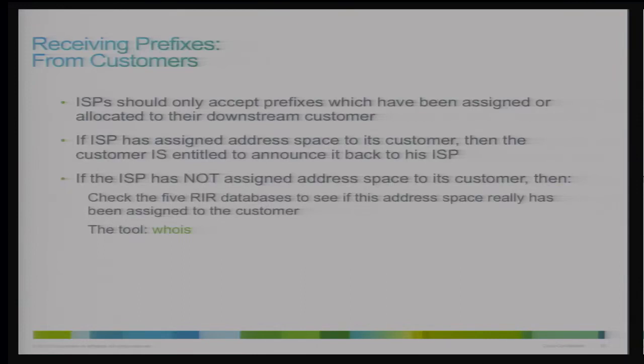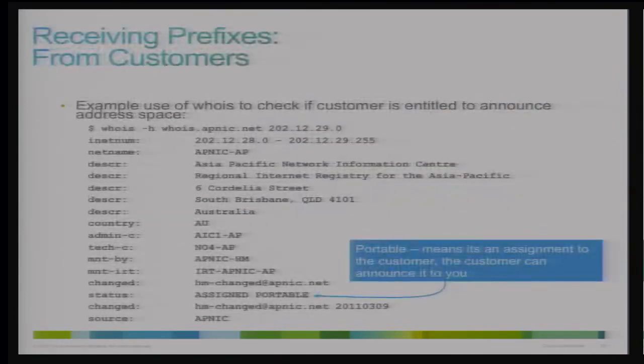You can use whois to check that. Here is an example of a whois query. In this particular case, it is assigned to the customer, so you can use it and re-advertise it.